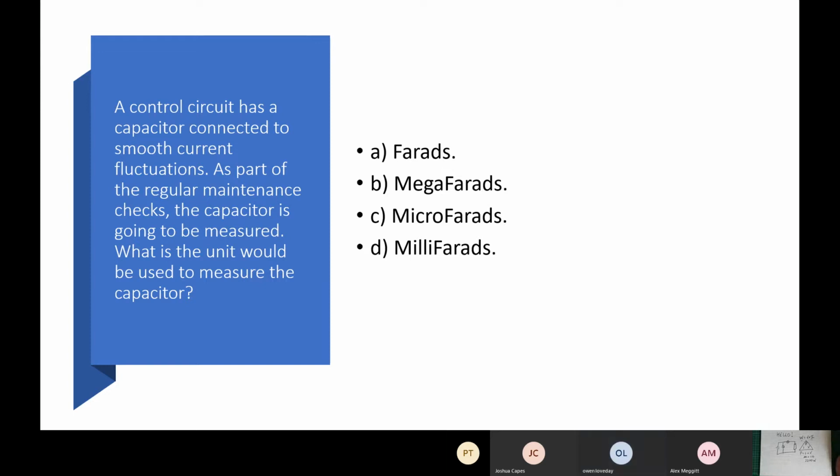So it's not actually a hard question, that one. Mega, micro, and milli are just standard SI prefixes, aren't they? 10 to the 6, 10 to the minus 6, 10 to the minus 3. Your standard notation.